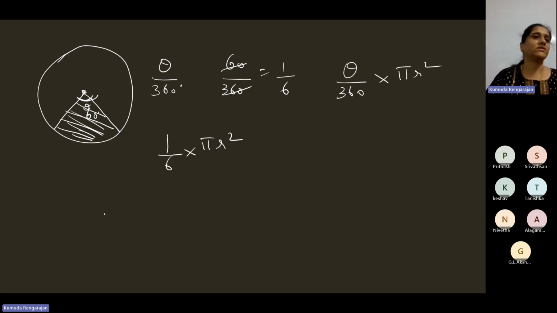This is the formula to find the area of a sector: whatever is the sector angle divided by the total 360, that fraction into pi r square.